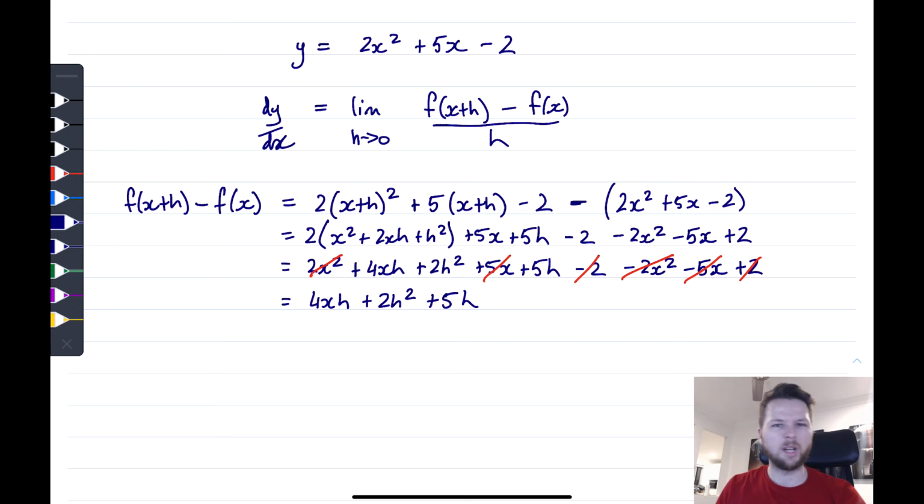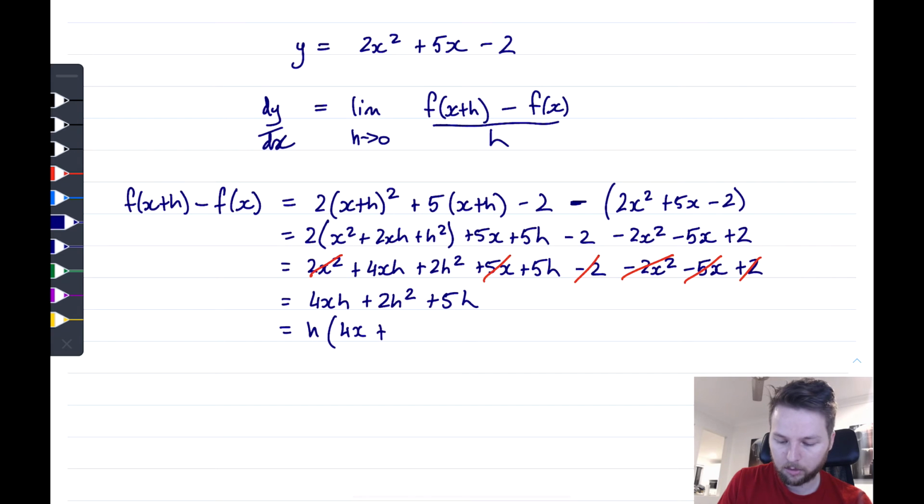Cool, and last step, we're going to factorize out this h. Just to make it simpler for the next step, we can say that h outside, so we've got to take away an h from everything, well, sorry, divide an h out of everything. It's 4x plus 2h plus 5.